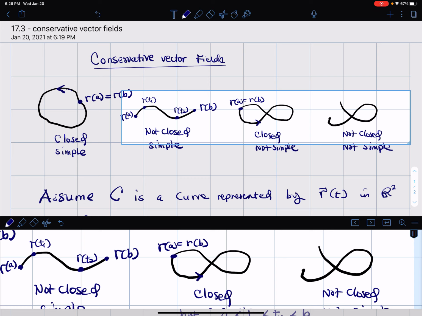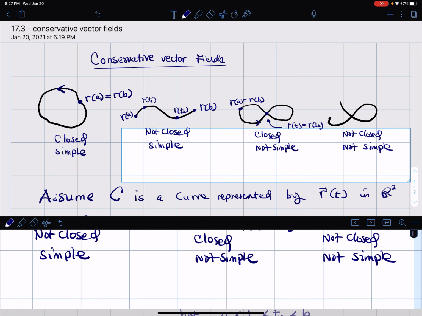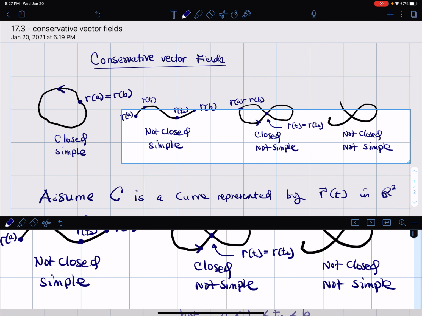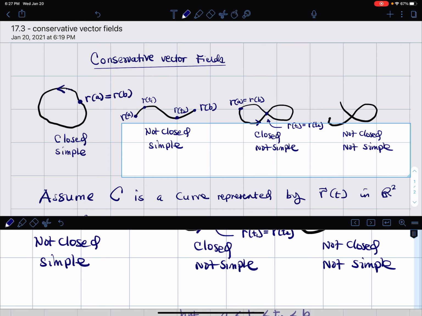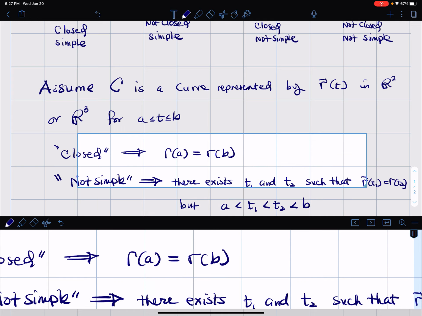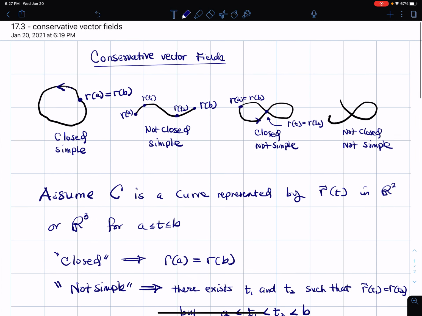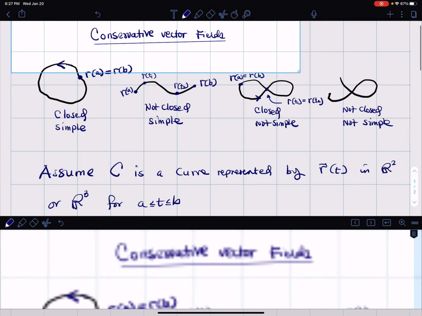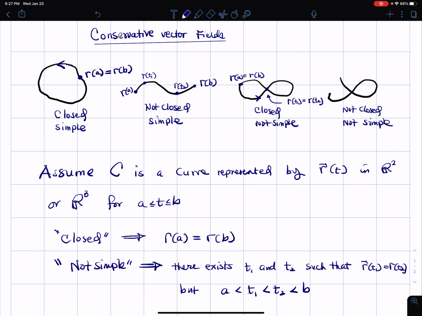But at the same time, we have a crossing over here, and this crossing indicates that there is a t1 and a t2 such that r(t1) is equal to r(t2). Now, it's quite easy to see why the fourth curve is not closed and not simple. All right, so these are the types of curves we are going to encounter in this section.